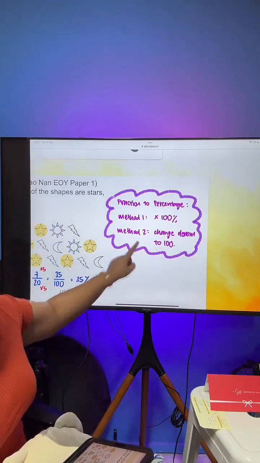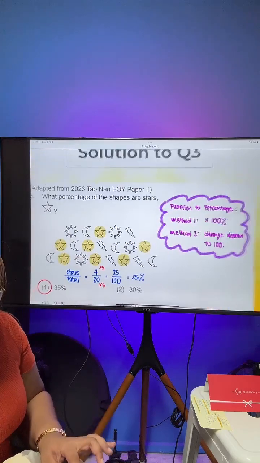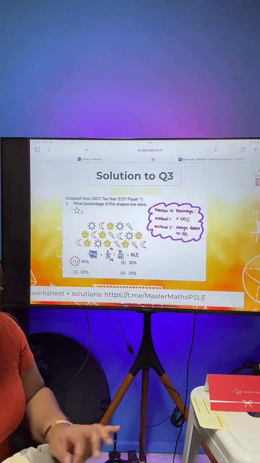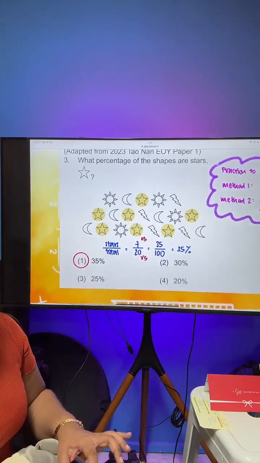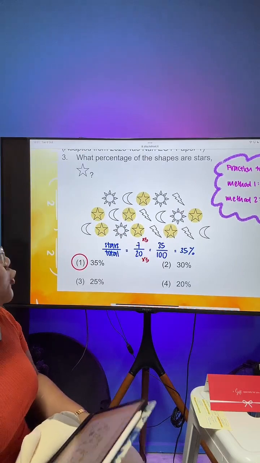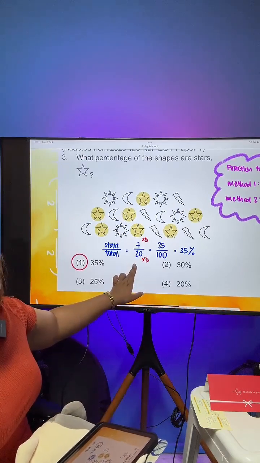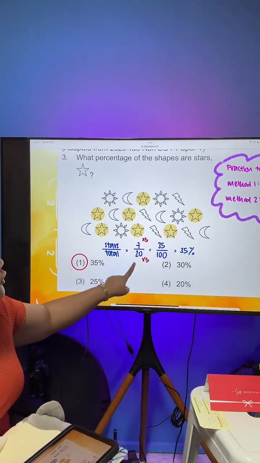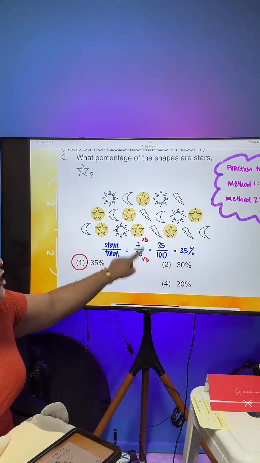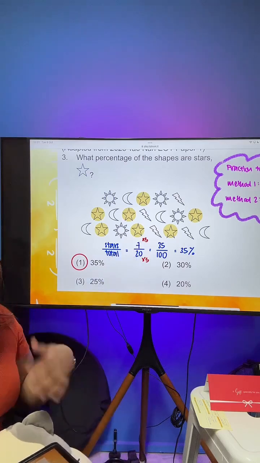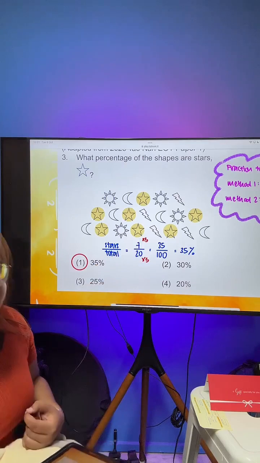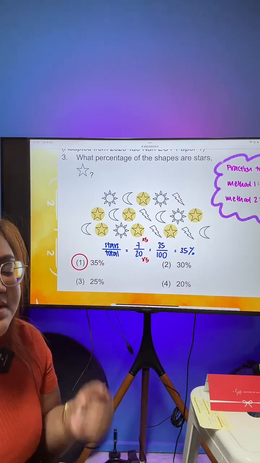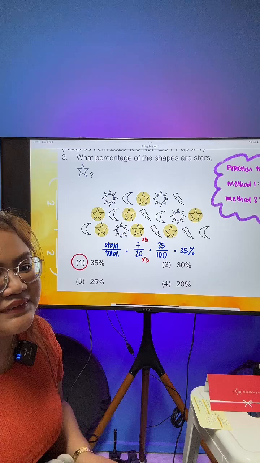So I will use method 2 in my solution here. Since I'm interested in stars, what I'm going to do is count the number of stars, count the total, form a fraction. So I have 7 stars out of total 20 shapes. And then convert it into out of 100 so that I can convert it into a percentage. Because percent means out of 100, okay?